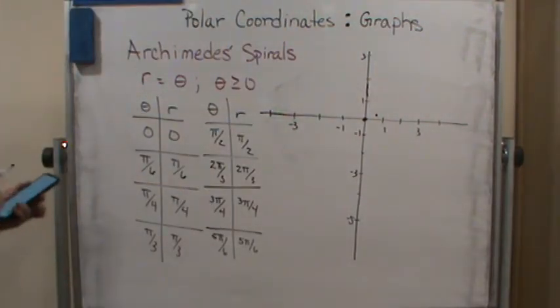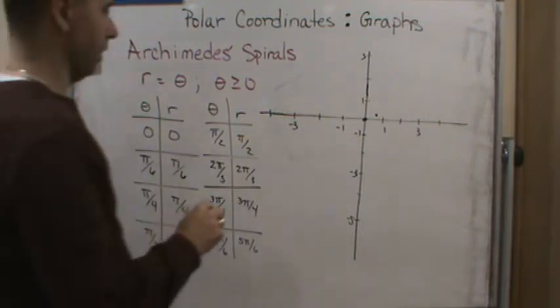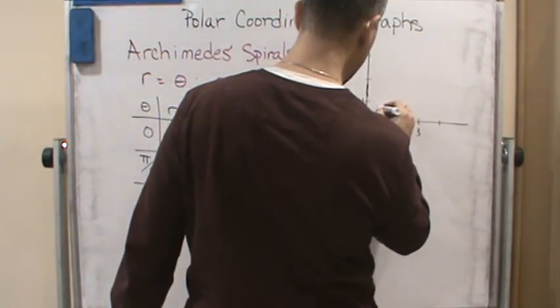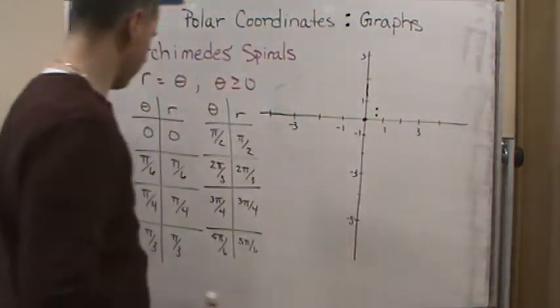And then pi over 4 is 0.785. So that's going to be, let's say, right about here.